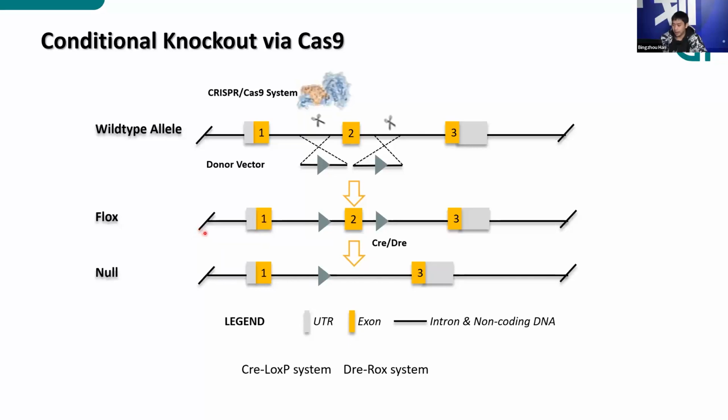And then in the next stage, we cross these mice, which are homozygous for the flox or frox allele, with a Cre or Dre transgenic mouse, and then the two sites will recombine and delete the coding sequence, like the essential exons between them, generating a functional null allele.